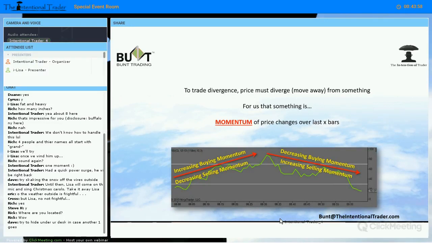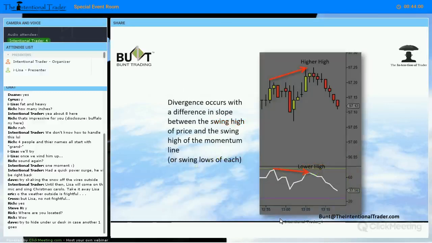Now, it's very easy to see when I put lines and arrows on a chart on price and on the indicator to see when divergence is occurring. Not so much when you're actually trading. Okay, this is where it gets more difficult.